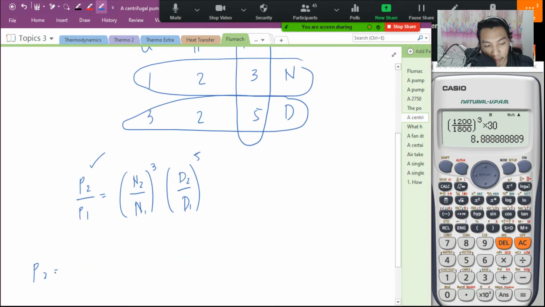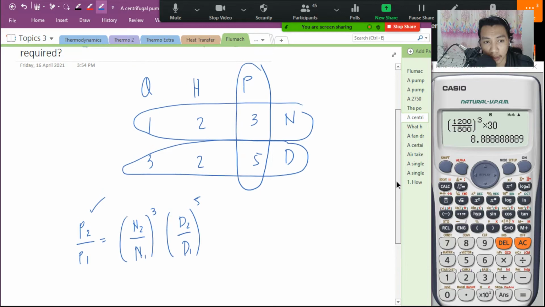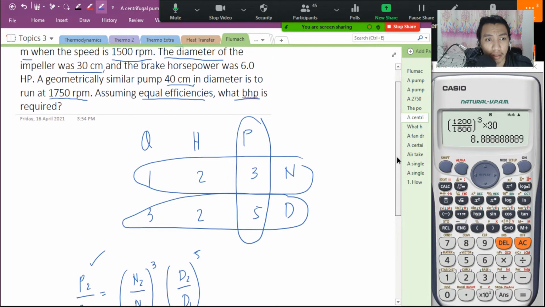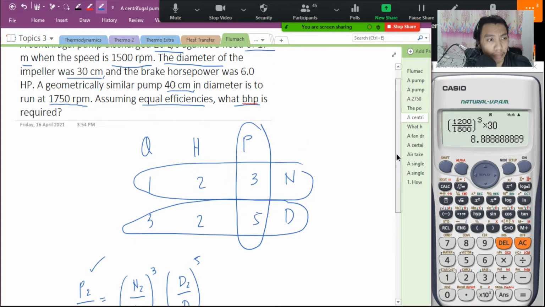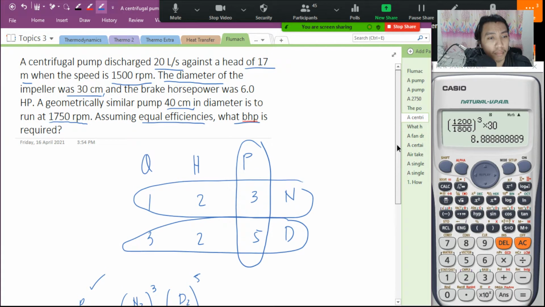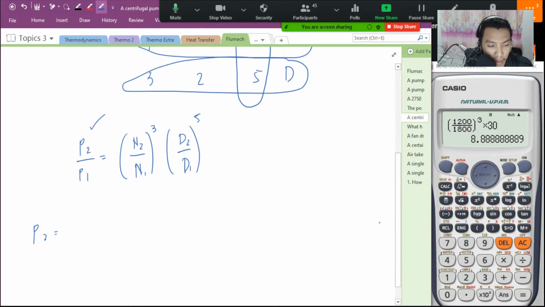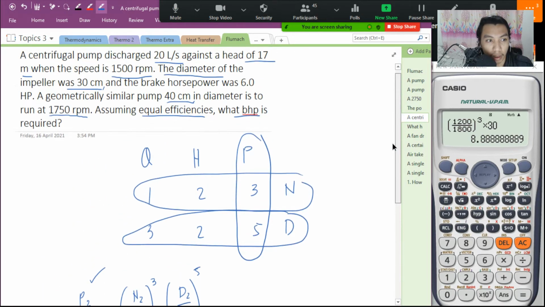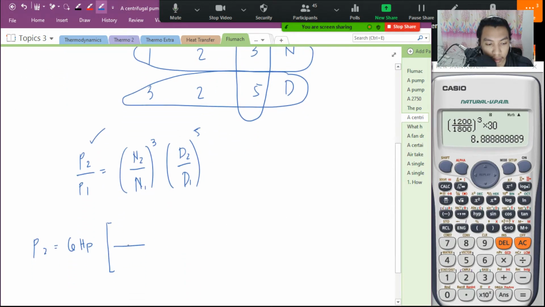P2 equal to P1. Okay, what is P1? May binigay ba dyan? Yun, 6 horsepower. 6 HP multiplied to N2. What is N2? N2 is 1,750.